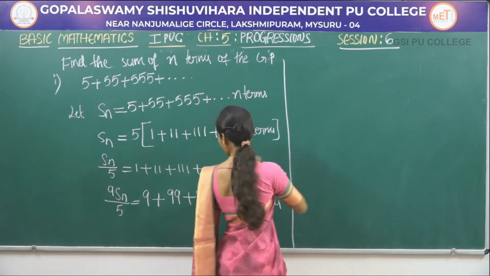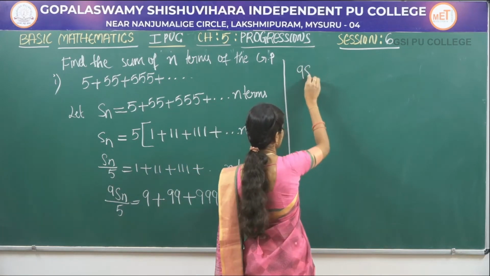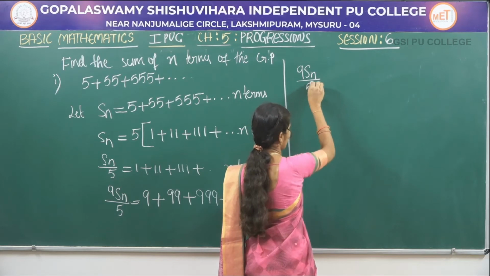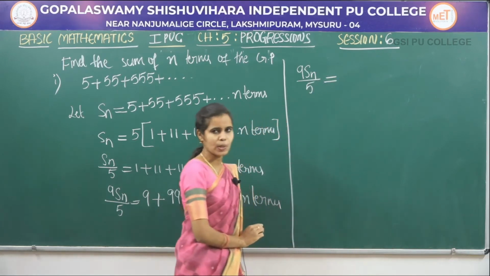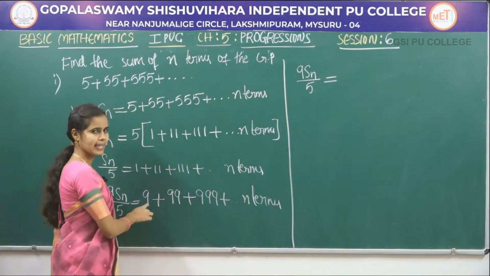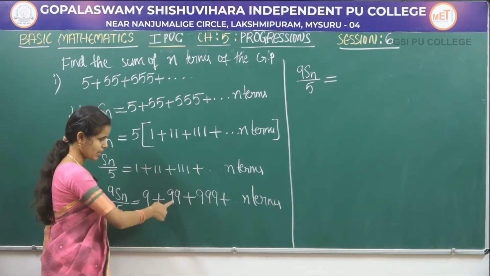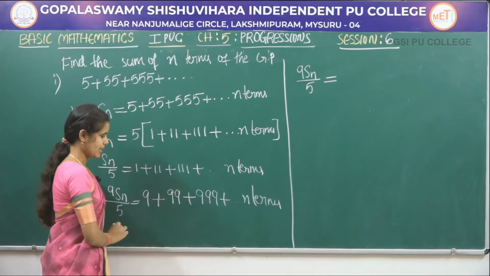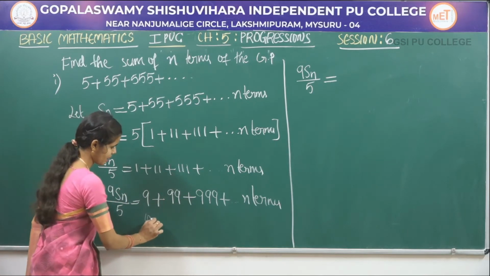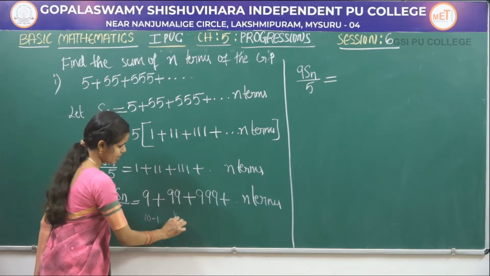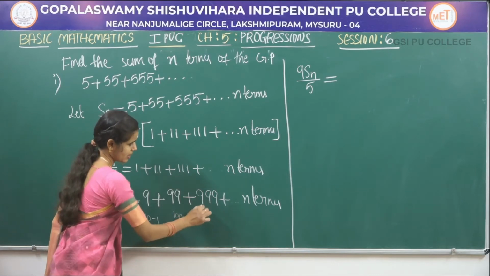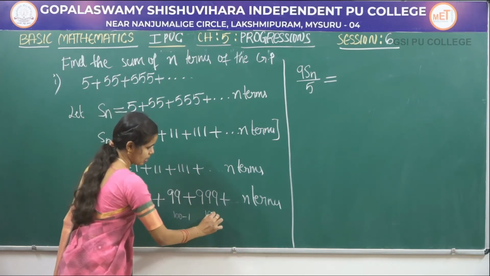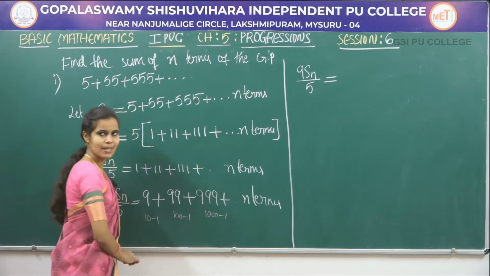Okay, next, 9 can be written as 10 minus 1, 99 can be written as 100 minus 1, 999 can be written as 1000 minus 1.